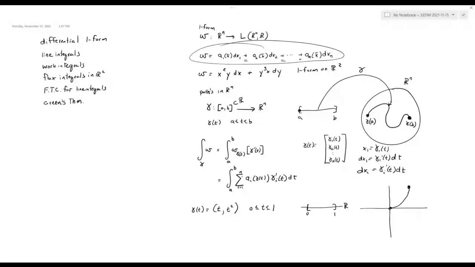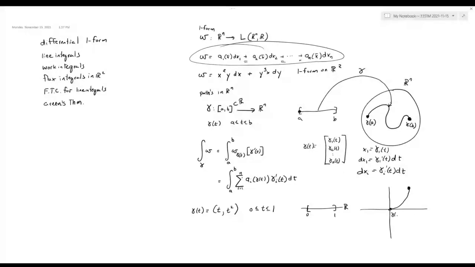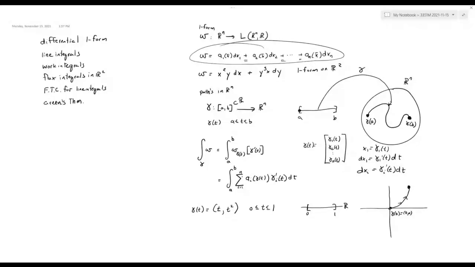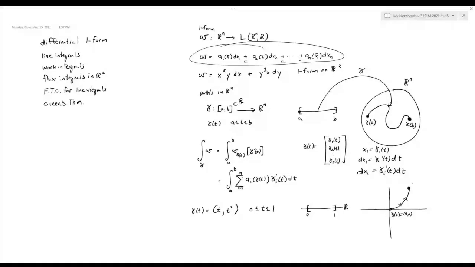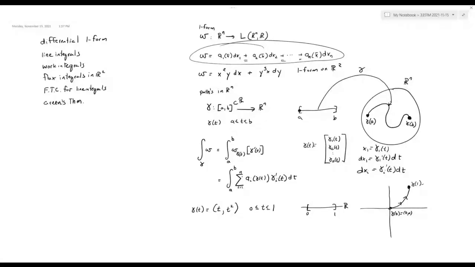So gamma at 0 is (0, 0), and we follow this parabola until we end up at gamma of 1, which is the point (1, 1) in the xy plane.